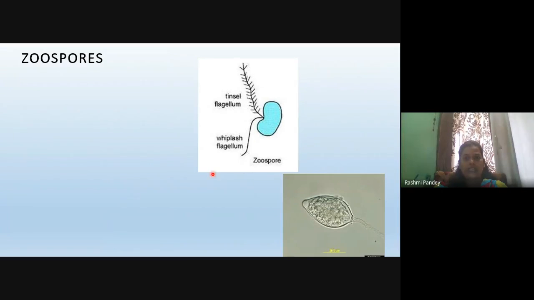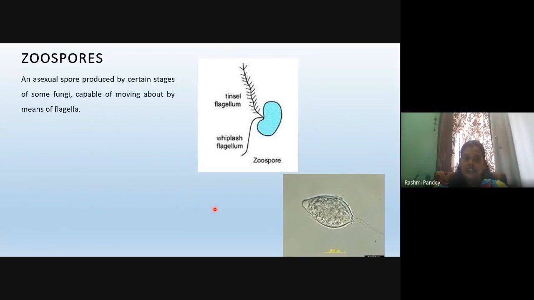So let us continue having a look at what exactly these zoospores are. Here we can see the diagram showing zoospores and the actual image of a single zoospore. Looking at it, we can say they have a flagellum, so they have locomotion, motility. These are asexual spores present in lower fungi or algae. They are also found in many lower algae, capable of movement by means of flagella.